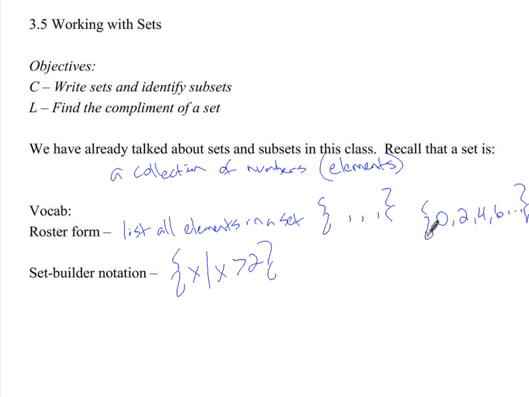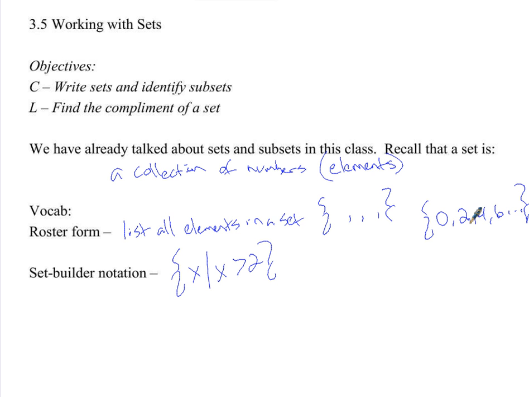So in set builder notation, the way that I can write that, because as we pointed out, there's a lot of elements in this set. It just keeps going. So are you going to sit there and write 0, 2, 4, 6, 8, 10, 12, 14, 16, and just keep going forever? No, you would never finish, and that's not how you want to spend your life, right?